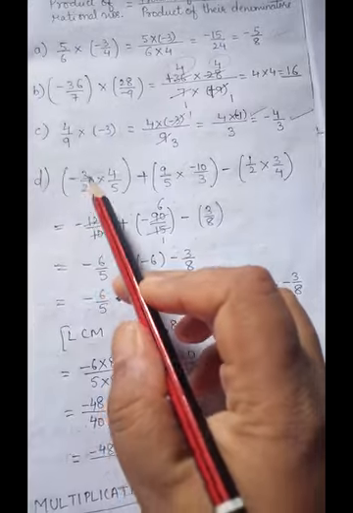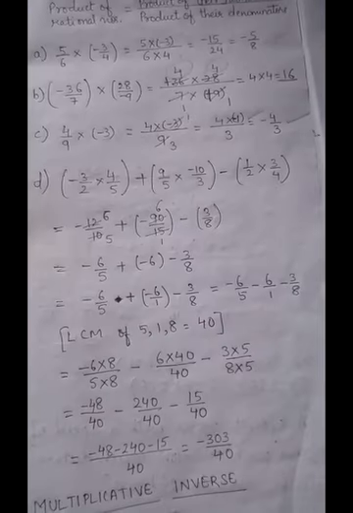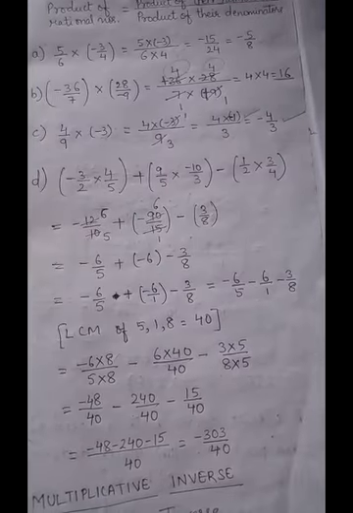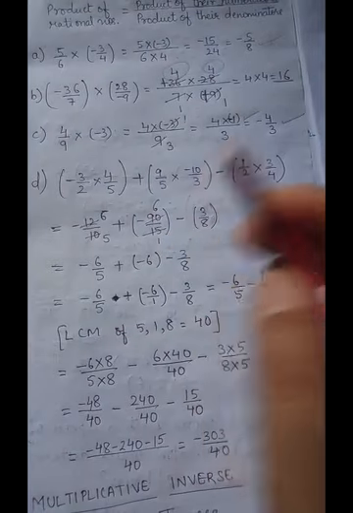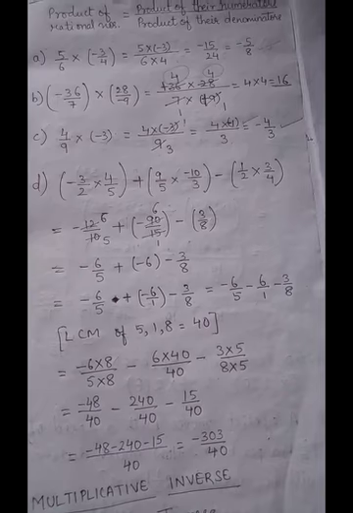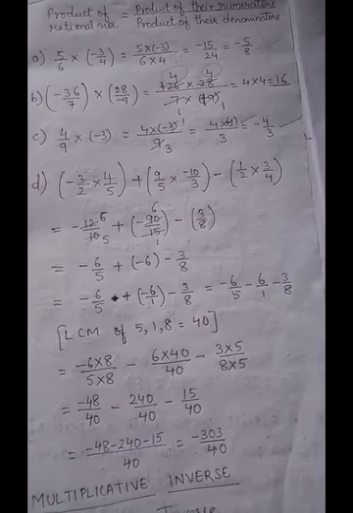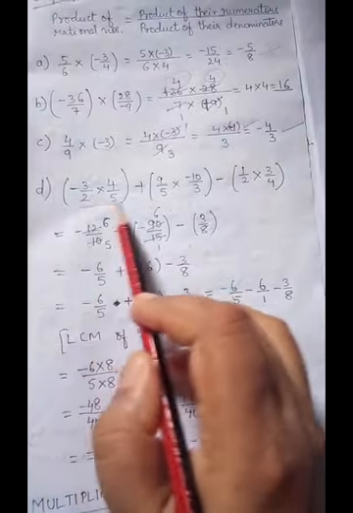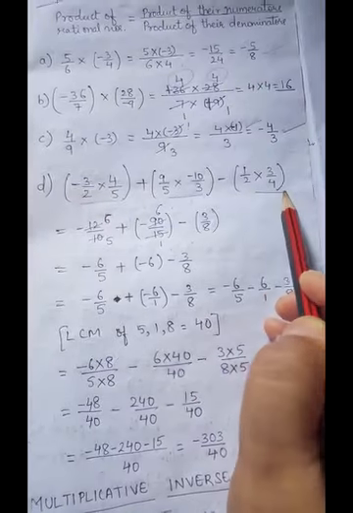Minus 3 by 2 into 4 by 5 plus 9 by 5 multiplied by minus 10 upon 3 minus 1 by 2 into 3 by 4. So first you have to solve all these bracketed terms, then you have to do the operations.